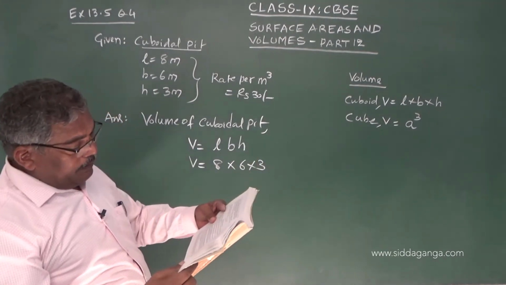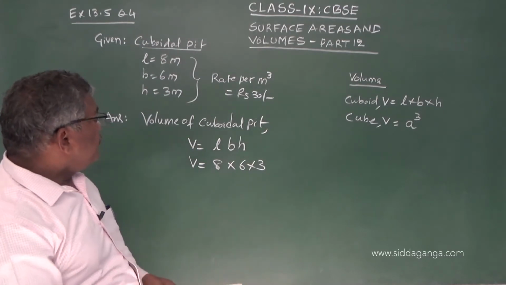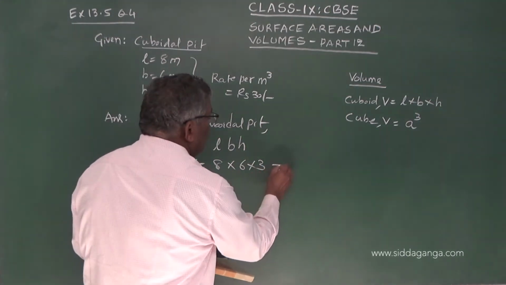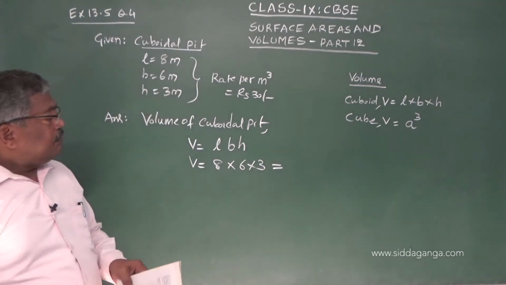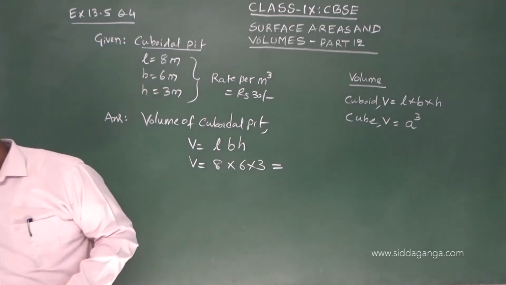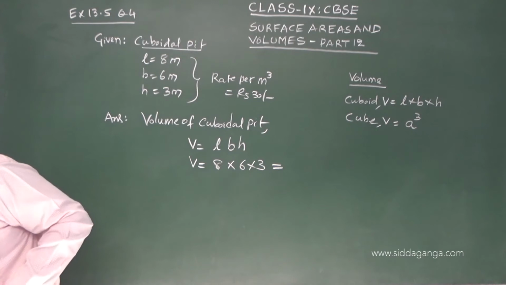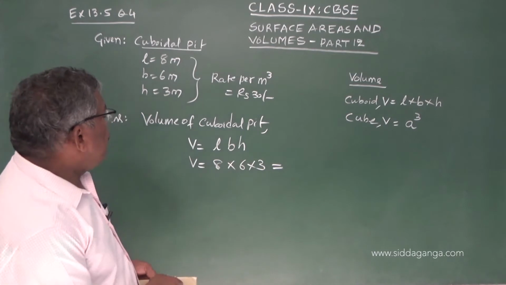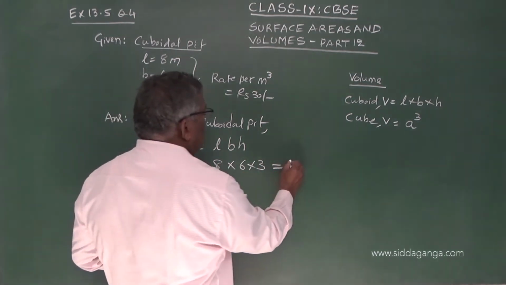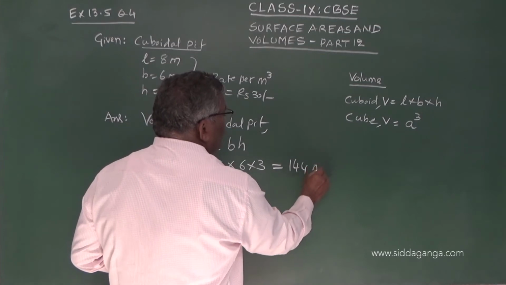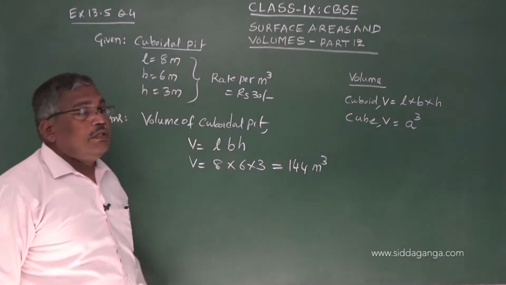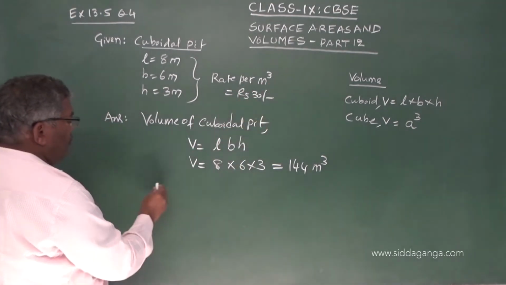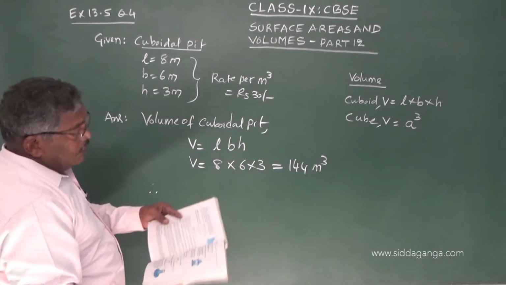So 8 by 6 by 3, now you multiply, calculate 18 into 8, it is 144 meter cube.